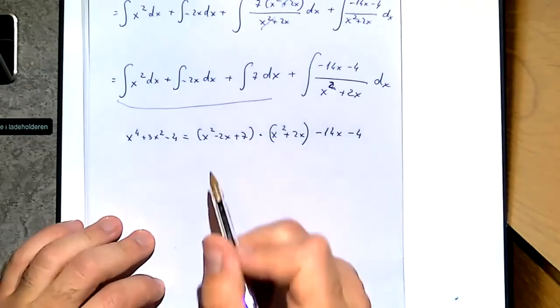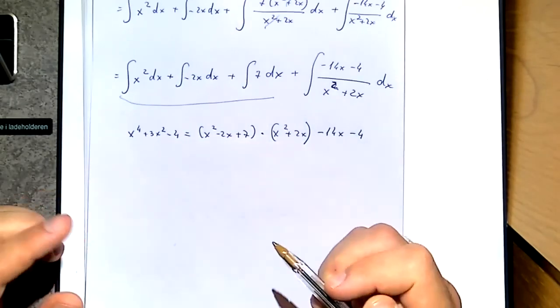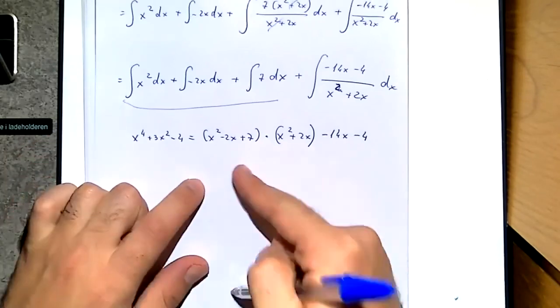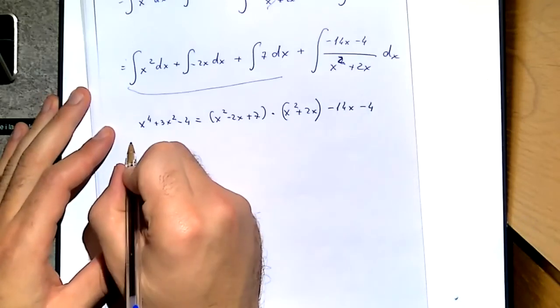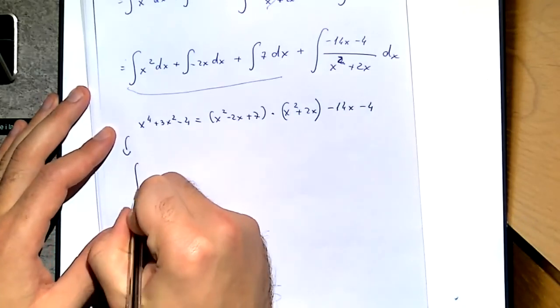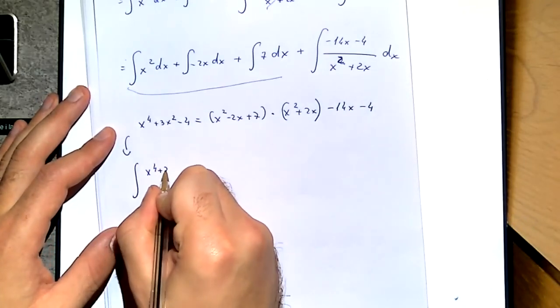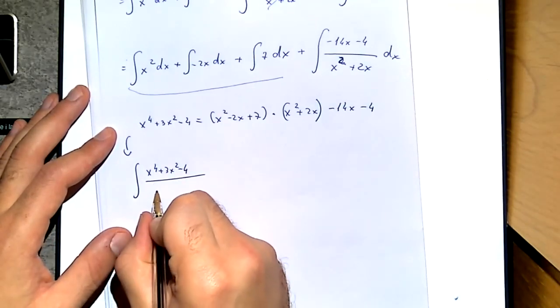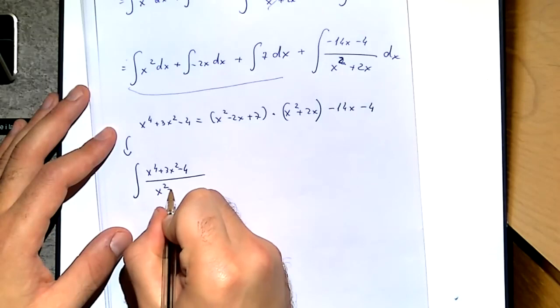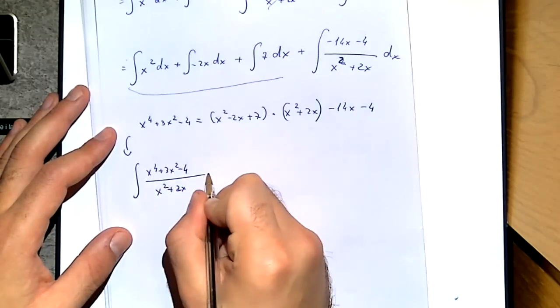Because if you're not convinced why what I just wrote is the same as the thing up top, let's just replace. Okay, so the integral of (x to the fourth plus 3x squared plus 4) over (x squared plus 2x) dx.